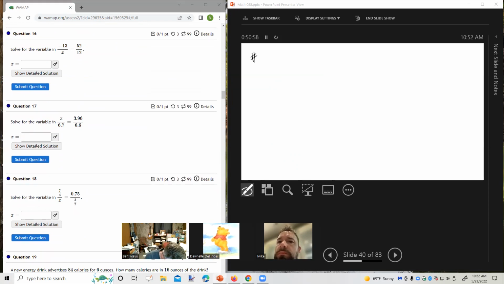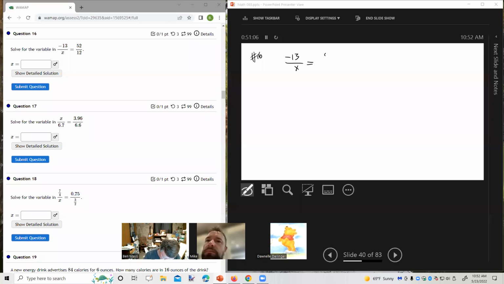Okay. Number 16, solve for the variable. So we have a proportion. And when solving a proportion, the cross products are equal. So 52x equals -13 times 12. We'll divide both sides by 52. So x equals all of that. But let's see here.